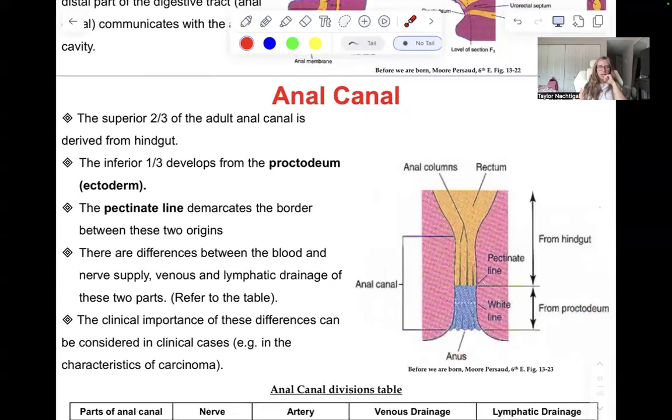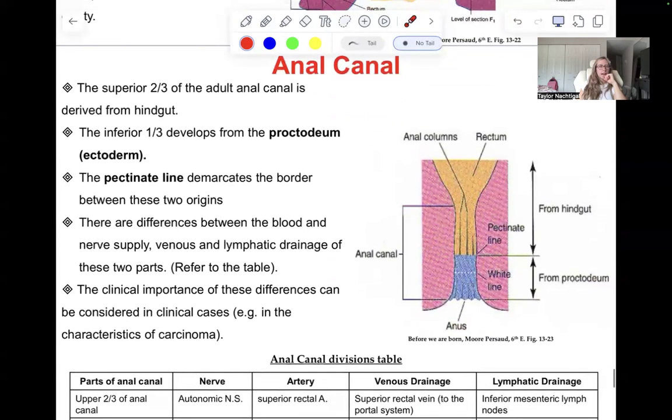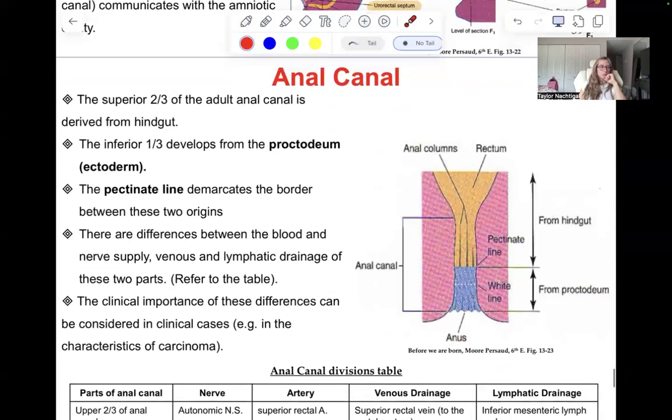Zooming into the anal canal, we talked about how most of it arises from the hindgut, but there is a little tiny bit of it that arises from the ectoderm, or the outer layer, skin essentially.